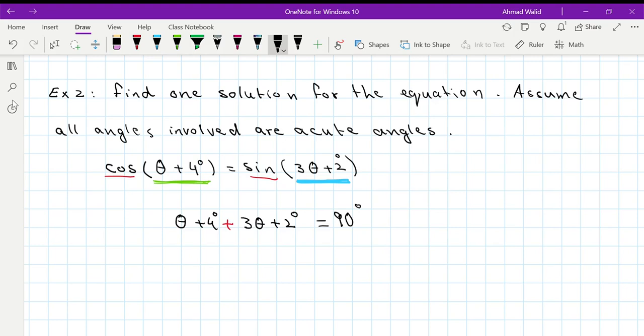Theta plus 3 theta gives you 4 theta. 4 degrees plus 2 degrees gives you 6 degrees. Equals 90 degrees. Subtract 6 degrees from both sides.